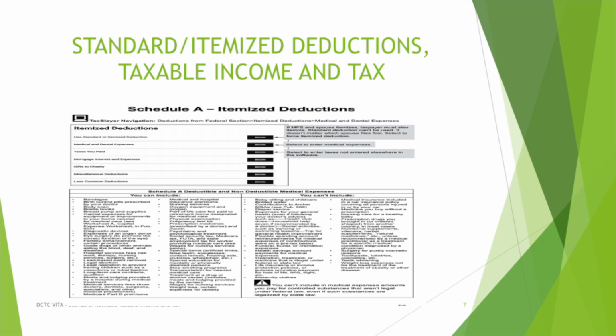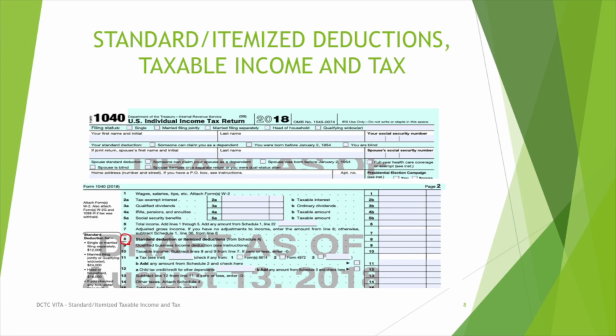Please review that very carefully. Once again, the taxpayer is entitled to use the higher of the standard deduction or the itemized deductions. So now we're down to line number 8. TaxSlayer will drop in the higher proper amount of the standard or the itemized deduction on that line.